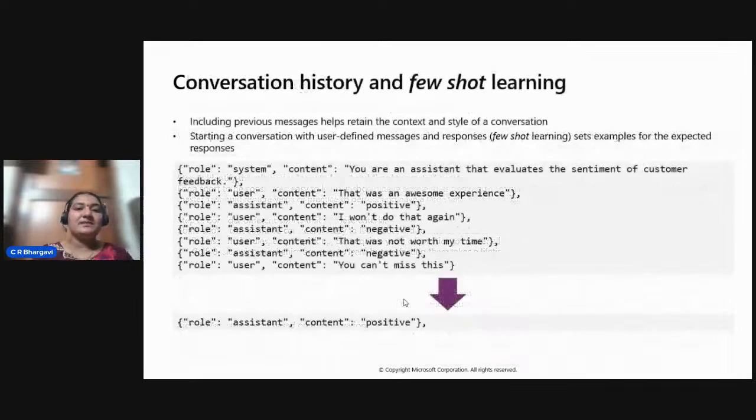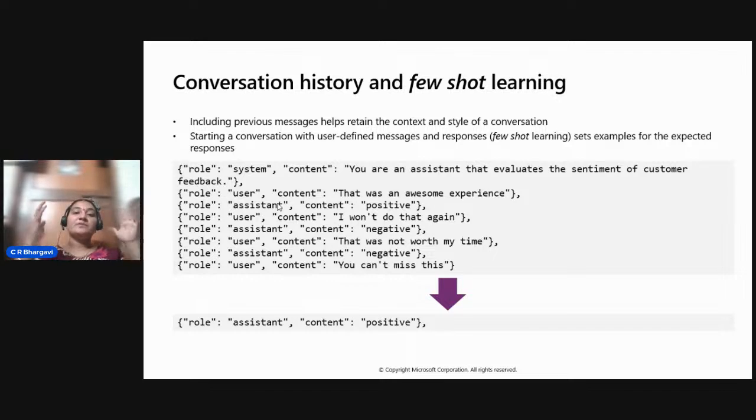And these are some things like the conversation history and few-shot training, like how your conversation history is stored, and with the help of the conversation history you can build the model that you need, like a few-shot training.